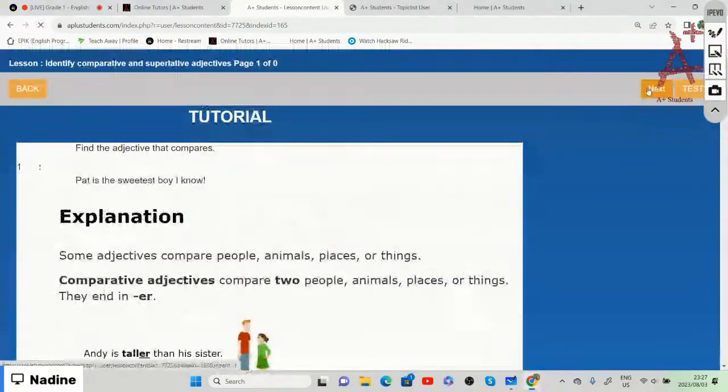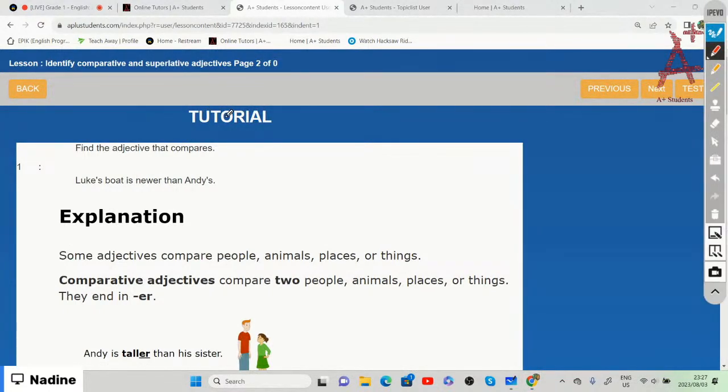All right, let's go next. We're going to do two more examples. Luke's boat is newer than Andy's. If we identify the adjective that compares within the sentence, we can say newer.